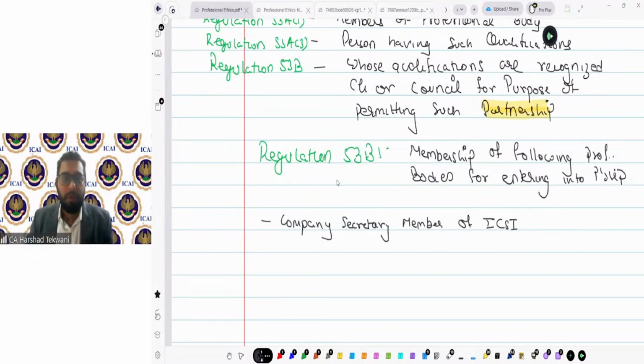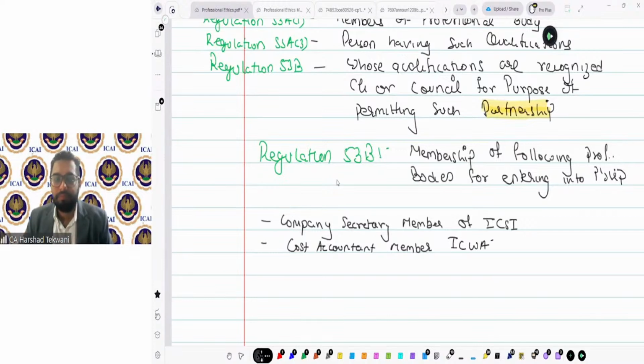Then cost accountant: member of the Institute of Cost and Works Accountants of India. Then advocate: member of the Bar Council.